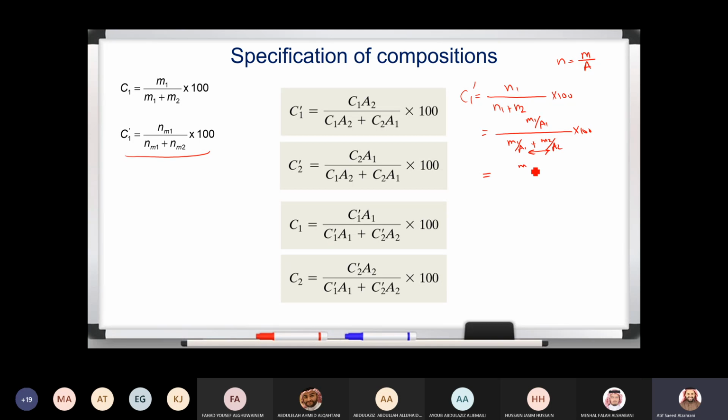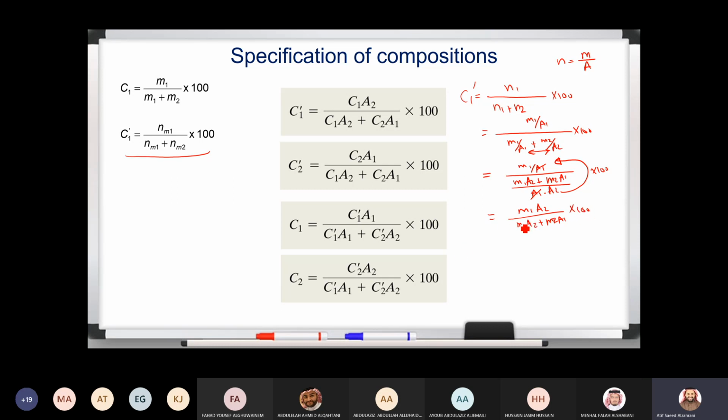We will have M1/A1 over (M1A2 plus M2A1) divided by A1A2. We can get rid of A1 here and move A2 here. You will end up with M1A2 divided by M1A2 plus M2A1 times 100.